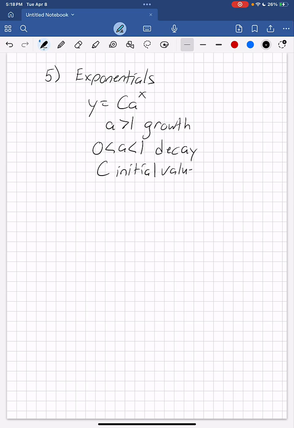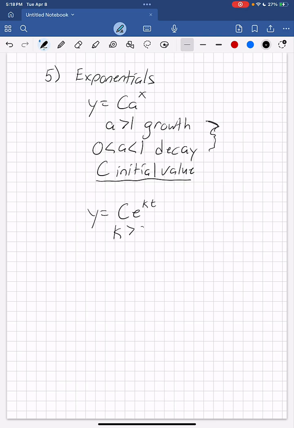And the only thing that we're going to use with exponentials on the test is being able to identify growth and decay. And so something to make a note of is that the initial value c has no bearing on if we have growth or decay. The only thing that we have to look at is this a value. All right? And then our other form was with continuous growth and decay, when we had something like c e to the kt.